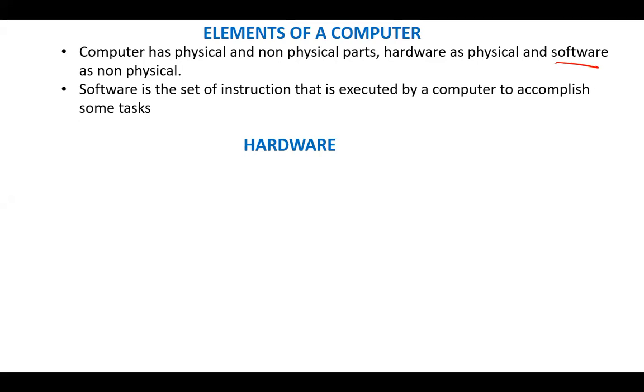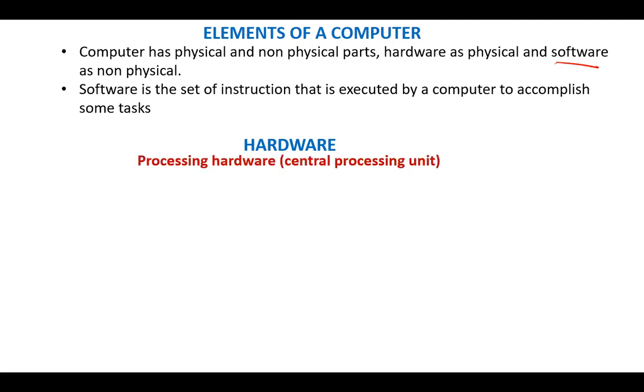The hardware element is simple: it's the physical, the things that we can see. On the hardware, we have the processing hardware, which consists of the processor and other things that we'll discuss. The processing hardware is simply the central processing unit.